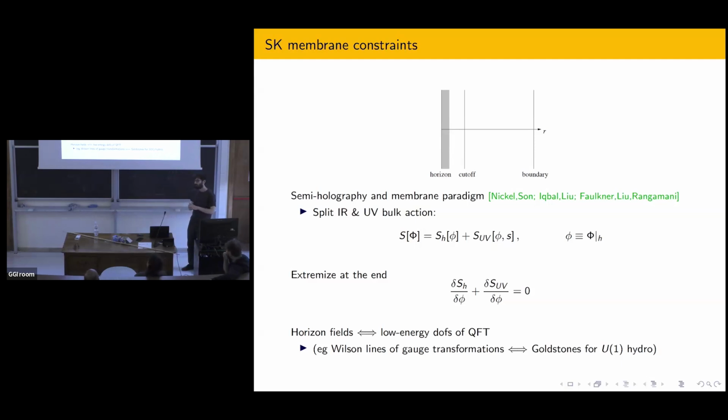Then at the very end, when I want to put the whole bulk on shell, I need to extremize the action with respect to the value of the field on the membrane. So capital Phi is the bulk field which depends on r. I am imposing Dirichlet boundary conditions on the cutoff surface, and then I will extremize with respect to these conditions to put the action on shell.